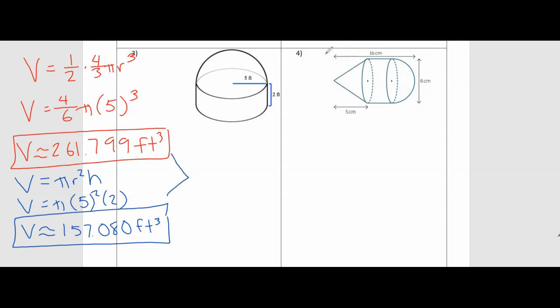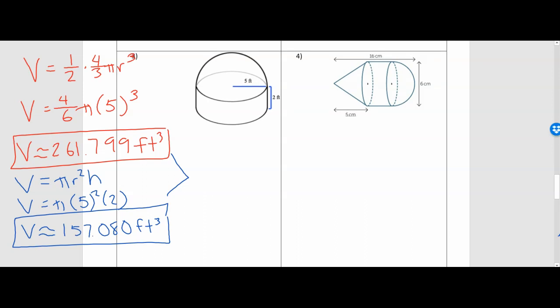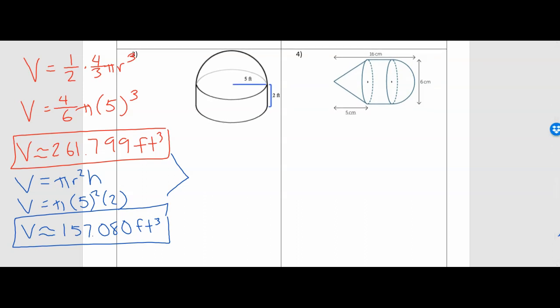Well, if I add those together, and I round to the nearest cubed unit to be precise, I've done that 3 times now. I need to get on my pen. There we go. 419 cubic feet would be the volume of that composite solid.